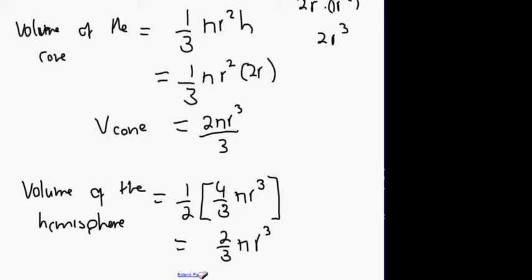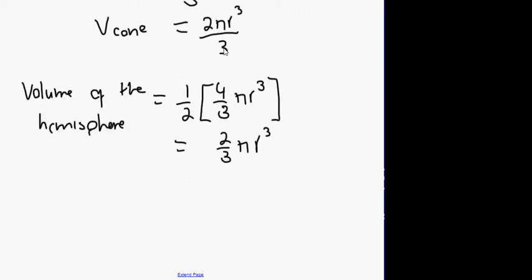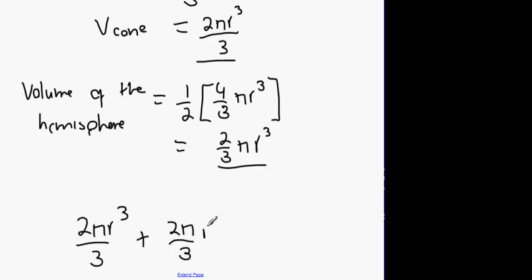Now, we can see that the volume of the hemisphere and the volume of the cone are in fact the same. So the total answer is going to be 2 pi over 3 r cubed plus 2 pi over 3 r cubed. You've got to add them together. Now ignore the r cubed and just add 2 pi over 3 plus 2 pi over 3.